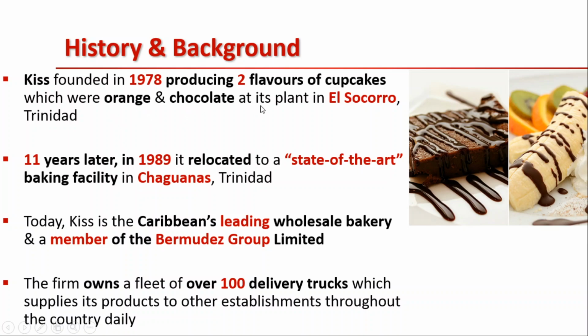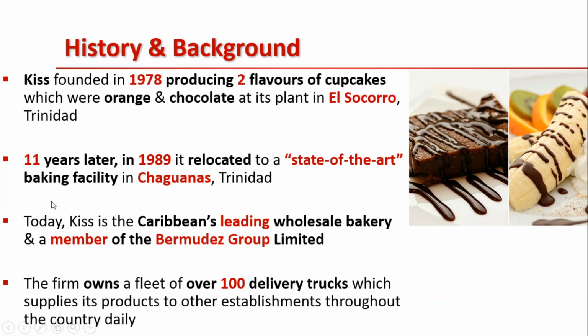They were founded in El Socorro, San Juan, Trinidad. It's only 11 years later, in 1989, that they moved to the state-of-the-art bakery facility in Chaguanas. Information like this will be pertinent information that you could put in.